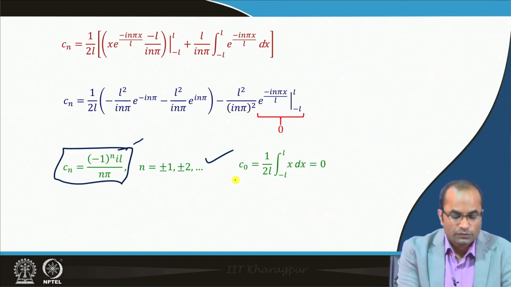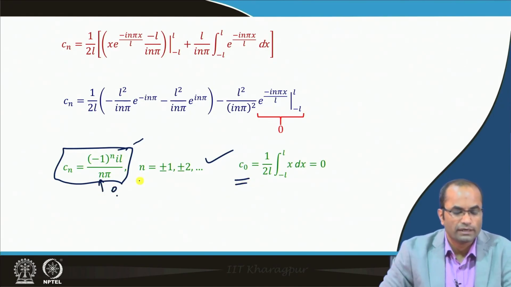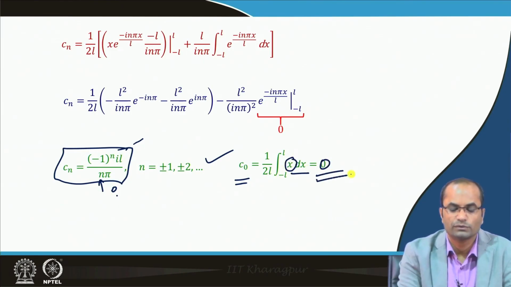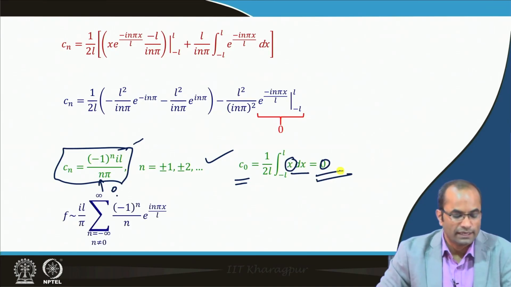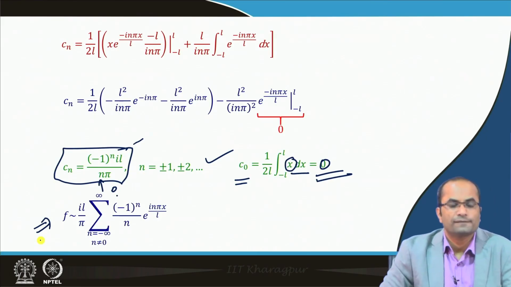Here the C 0 we can separately compute, because this expression is not valid for n equal to 0. So, C 0 is 1 over 2 L integral from minus L to L of f x dx. This is an odd function over minus L to L, so this will be 0. So, we have C 0 as 0, and finally we can write then the Fourier series.